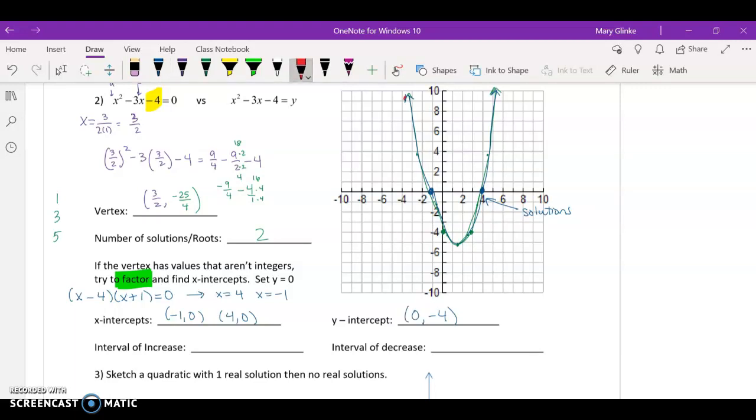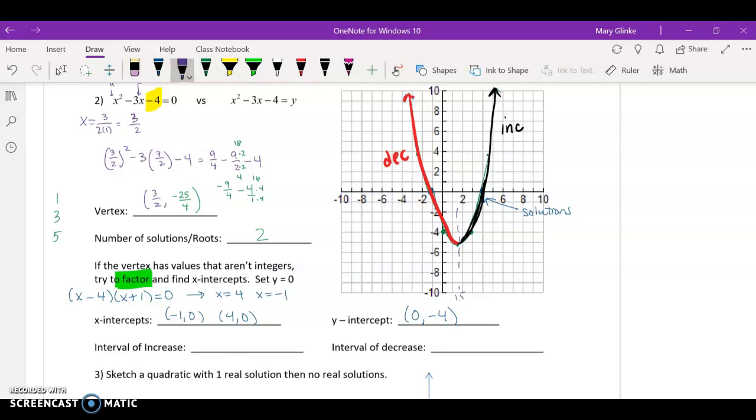But then we do want to talk about decreasing and increasing. So this first half here in red, my graph is decreasing because it's going down. But then over here in black, this half here would be increasing because it's going up. And I stop decreasing and start increasing here at my x value of, oops, should be a positive 1.5.